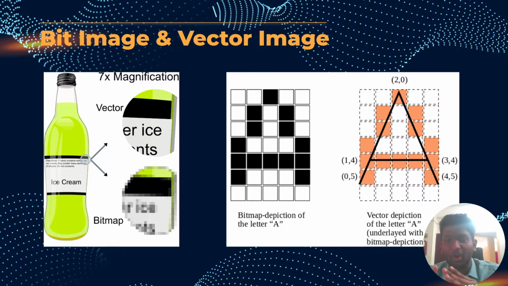In vector, as I said, images are formed by dots and lines. As you can see, they are formed only by dots, not by squares as in Photoshop. So this is the clear difference between a bitmap and a vector image. Bitmap uses Photoshop, and vector image uses Illustrator.